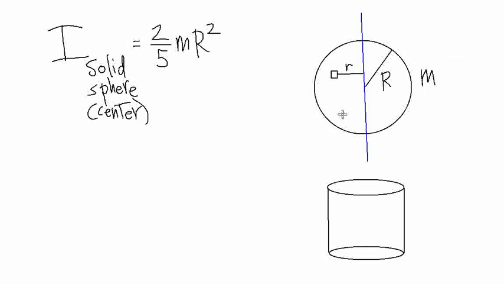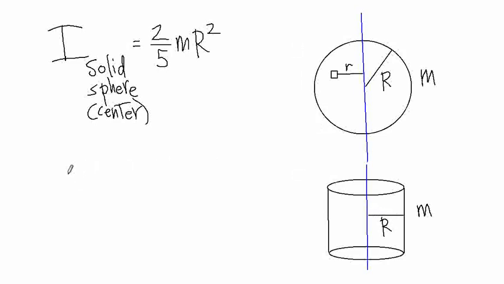Let me draw a line to represent an axis of rotation through its center. And once again, let's say that this object has a mass m, and let's say that the corresponding radius of the cylinder is capital R. So let me draw a line that shows you what I'm talking about. And so the length of that line segment is capital R.